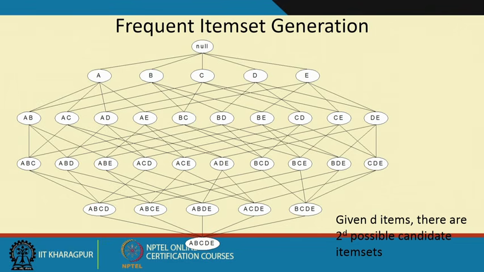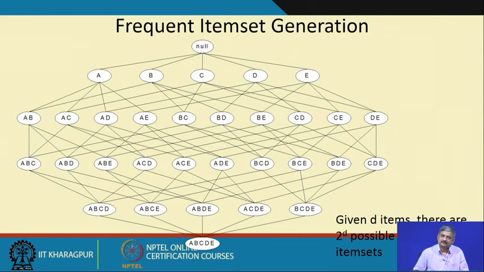I will scan this entire 100 transactions, and then I will count how many of these 100 are containing ABCD. If that number is greater than this 10% of the total, then I will say ABCD is a frequent item set, right.